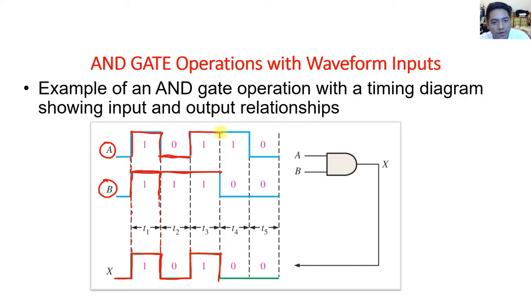For T sub 4, input A is still high, but input B is low. So 1 times 0, we expect that the output in T sub 4 would be 0. And lastly, input A is 0 or low, and input B is 0. So technically, in T sub 5, the output would still be 0. Okay, so that is the AND gate operations with waveform inputs.